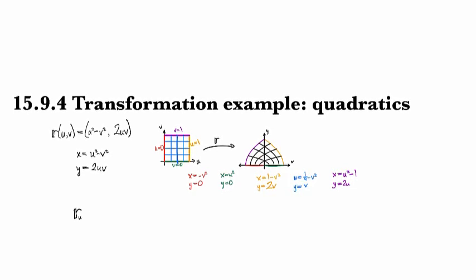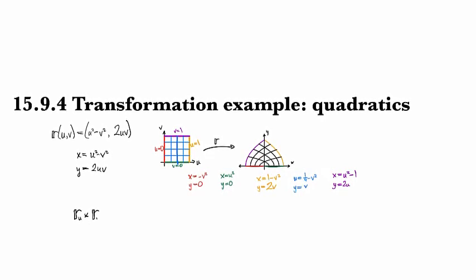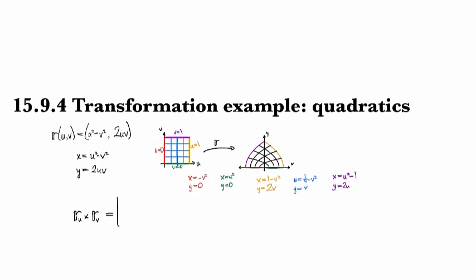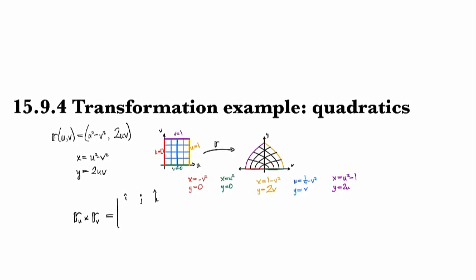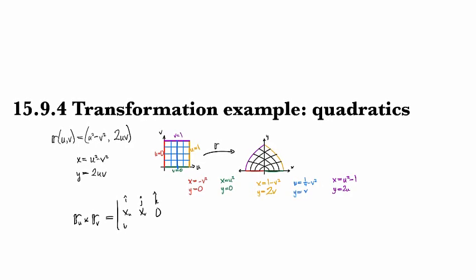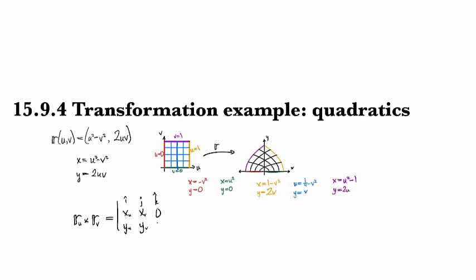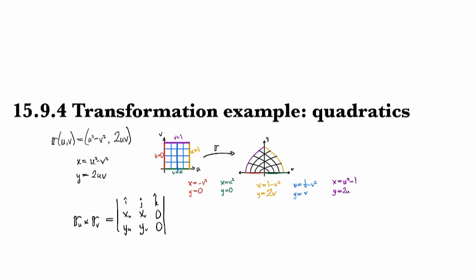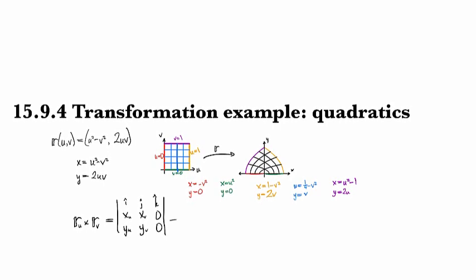So let's see. r_u cross r_v is going to give us our Jacobian for this one. So we have i hat, j hat, k hat as per usual, x_u, x_v, 0, y_u, y_v, 0. The 0 is there because we're just parameterizing a region in the plane, so the z coordinate is 0.